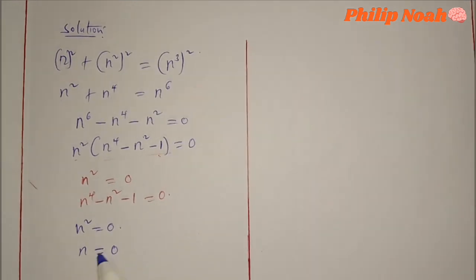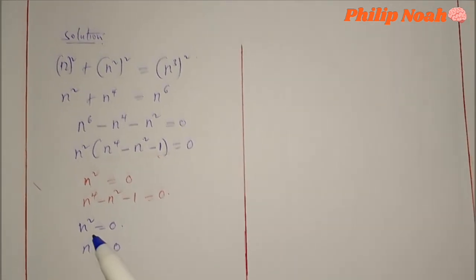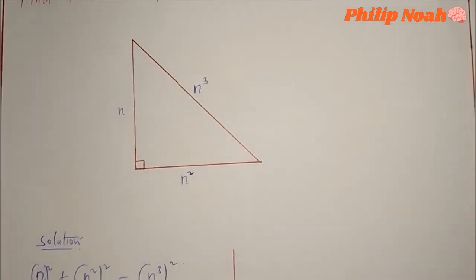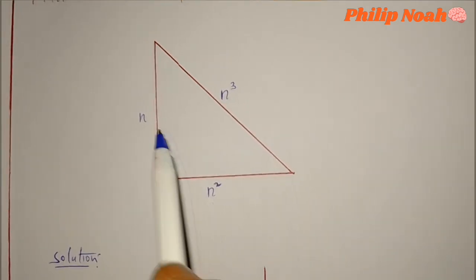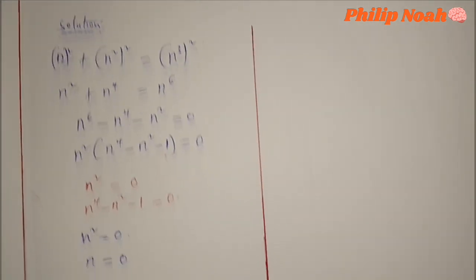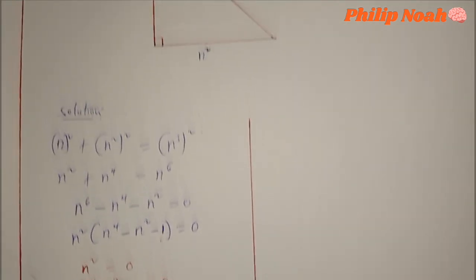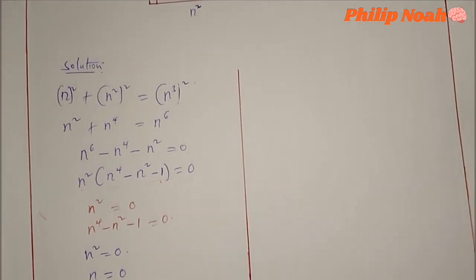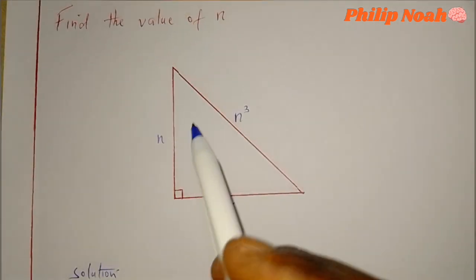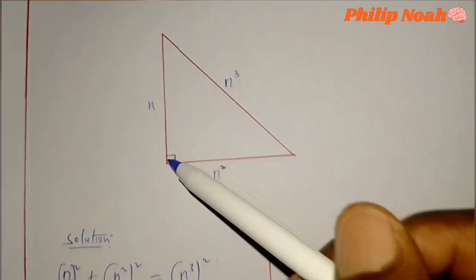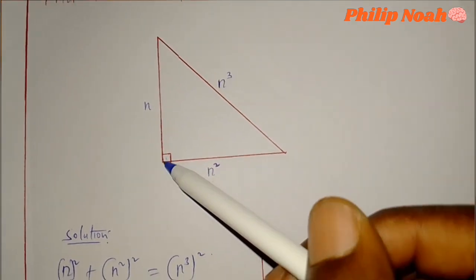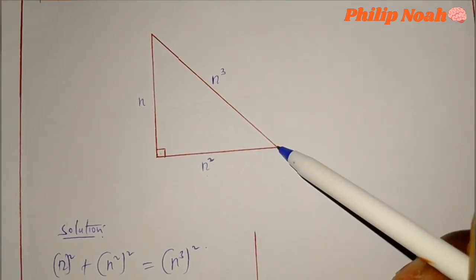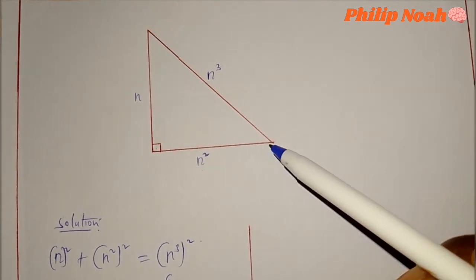Remember, n is one of the dimensions of this right angle triangle. So if we take n to be 0, it means that the distance from this point to this point is 0, since 0 squared is 0.